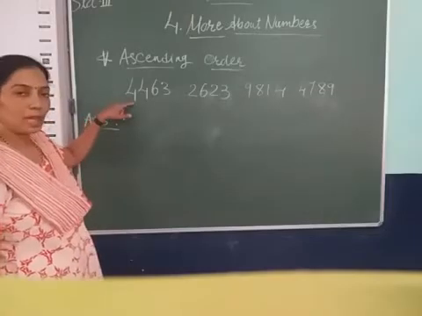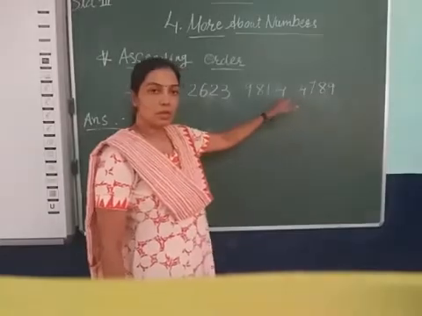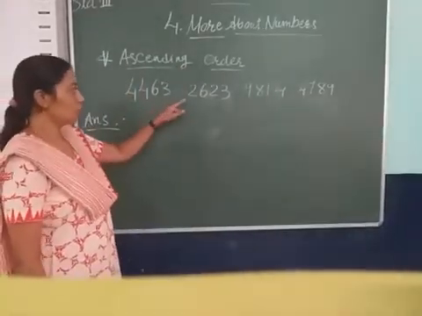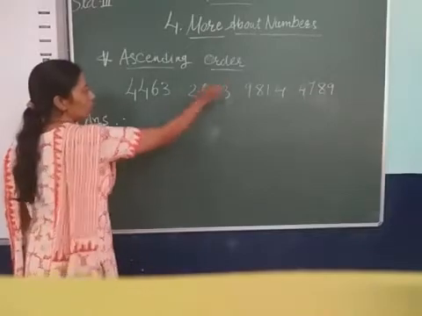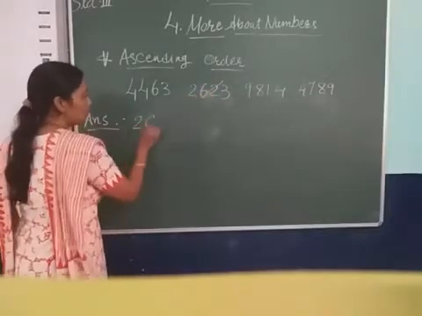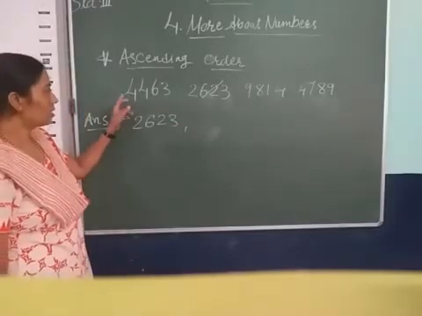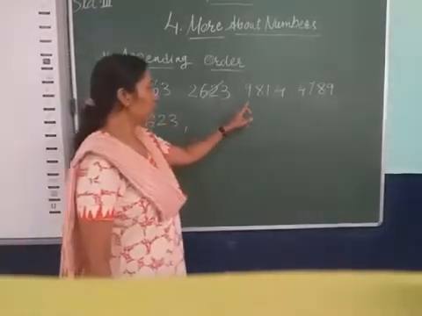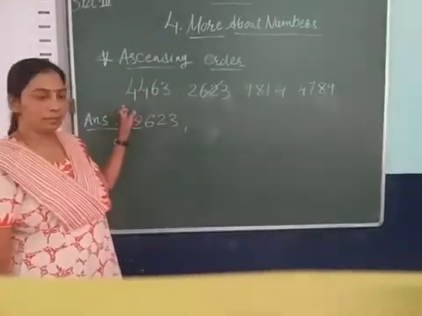Start from the left side: 4, 2, 9, 4. Which number is the smallest? Yes, 2. So cut it: 2, 6, 2, 3. Then put a comma. What is next? 4, 9, 4. 4 and 4 are equal.